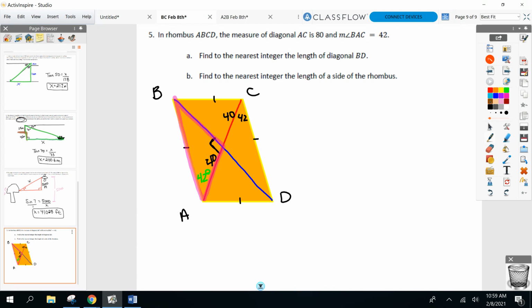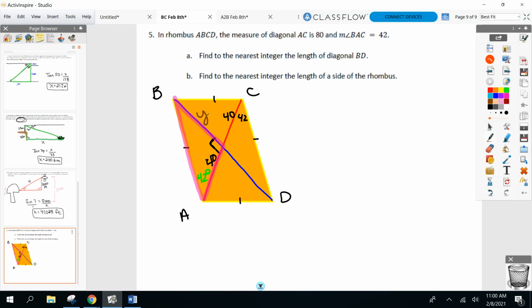I can't find diagonal BD using that right triangle, but can I find this leg? And then do what with it, if they bisect each other, to find all of diagonal BD? What could be my plan? Double it. Multiply it by 2 because they bisect each other.